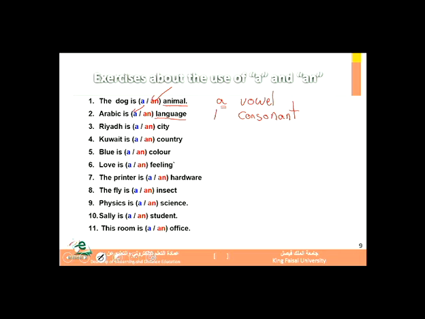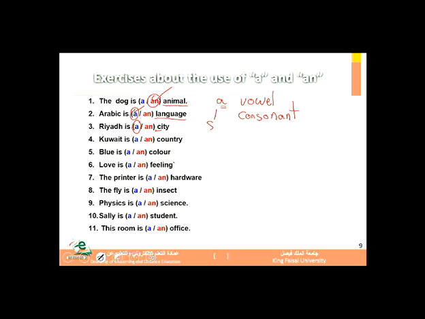Riyadh is a city, and in city the sound here is an S sound, and S is one of the consonant sounds. So I'm going to say Riyadh is a city. Arabic is a language. The dog is an animal.